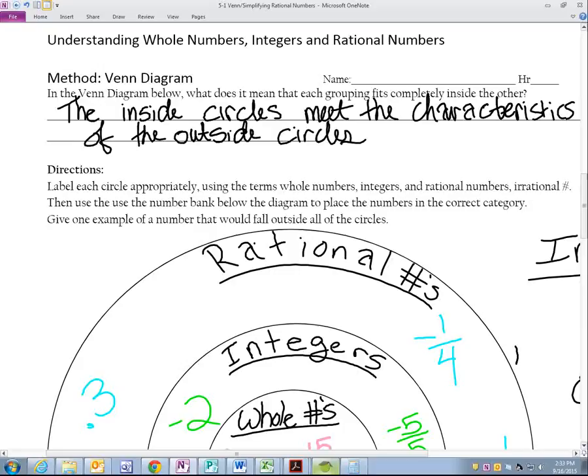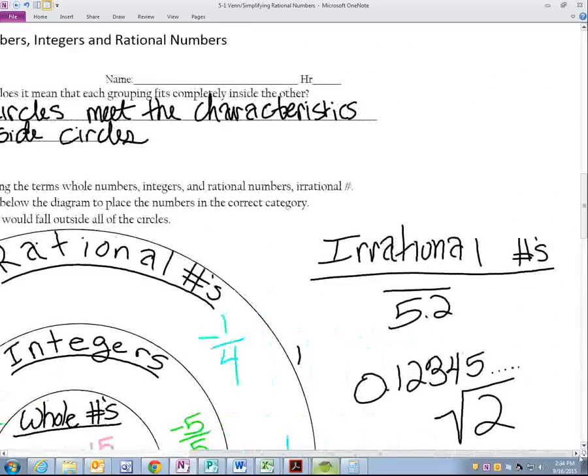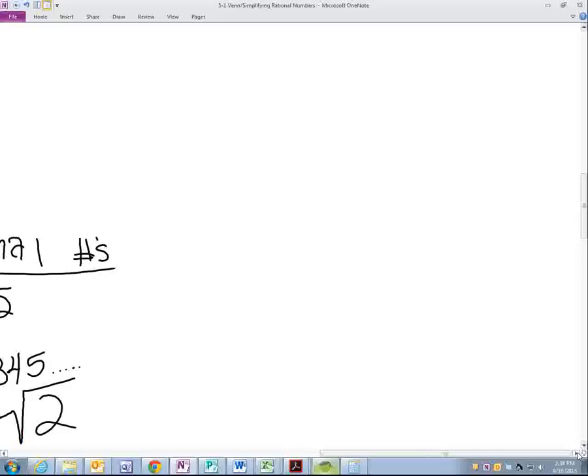The inside circles meet the characteristics of the outside circles. Here's an example that I did a couple class periods ago.